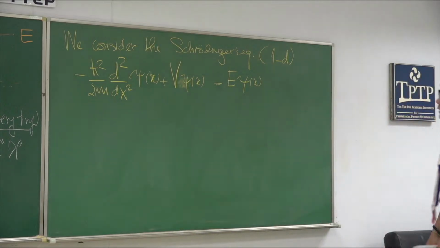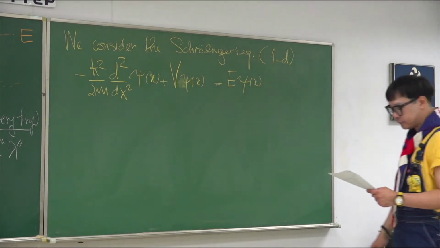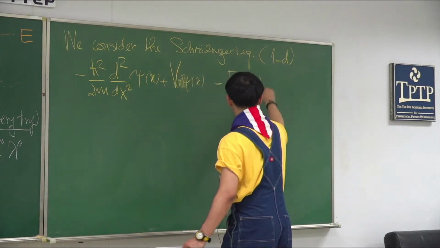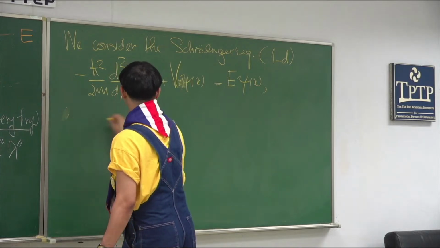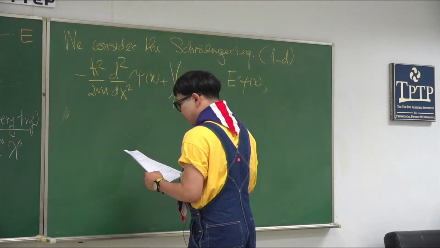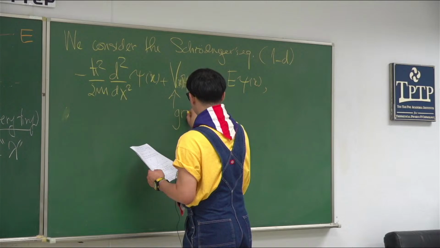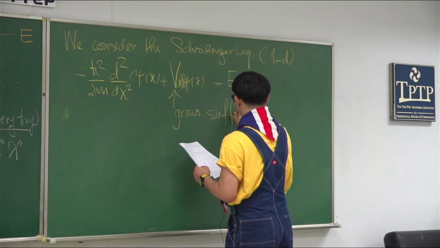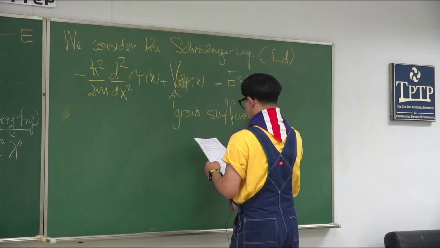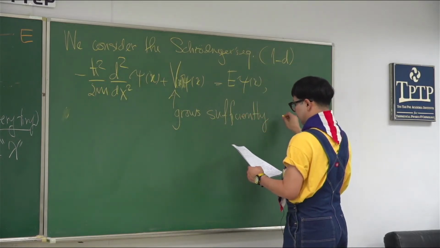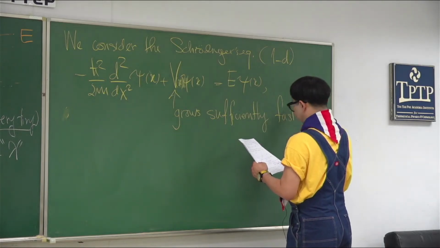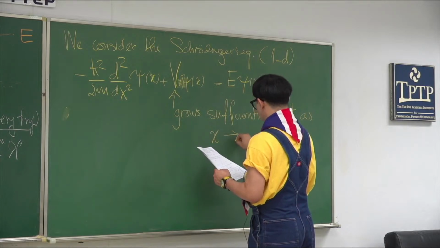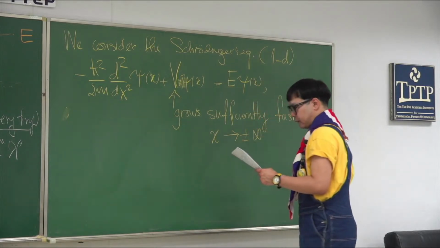Now we have this equation. It should also depend on x here. So this V should grow fast as x.